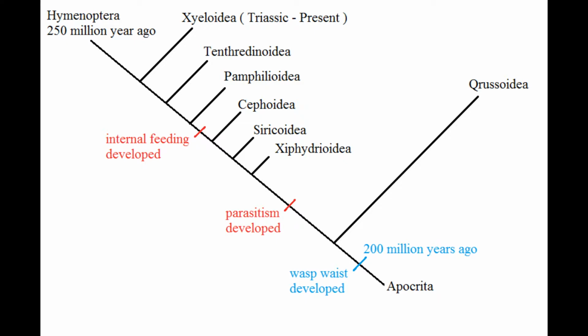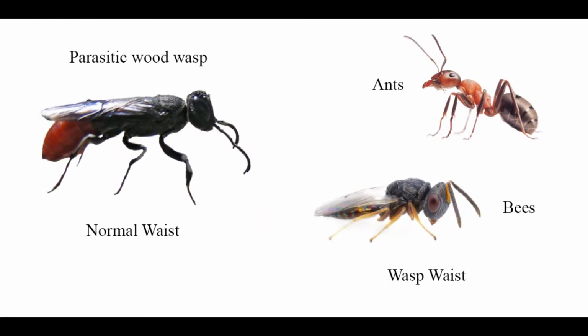After the Pamphiliidae, we can see that the internal feeding structure has been developed, and after Cynipoidea, we can see that the parasitic characteristic has developed in the wasps. And after approximately 200 million years ago, the waist of the wasps developed. And now we have the Apocrita, which is used to classify the parasitic wasps, which we are discussing right now.